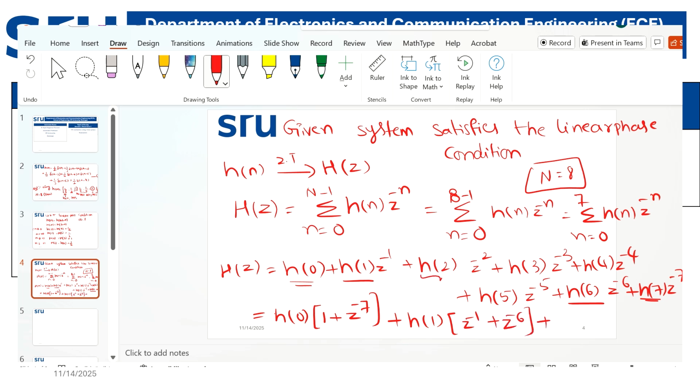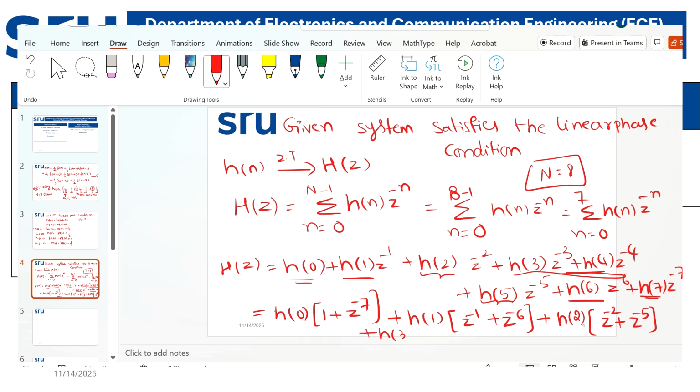Similarly, take h of 2 common from the third and last but one term, so we have h of 2 times Z power minus 2 plus Z power minus 5. Now for the last two terms, take h of 3 common, then I have Z power minus 3 plus Z power minus 4.